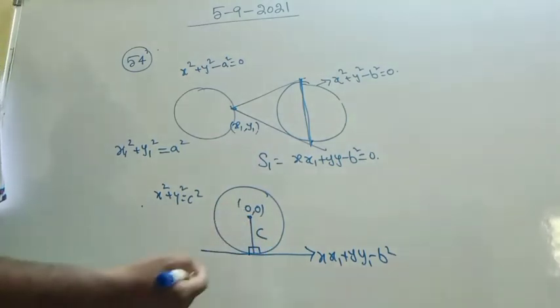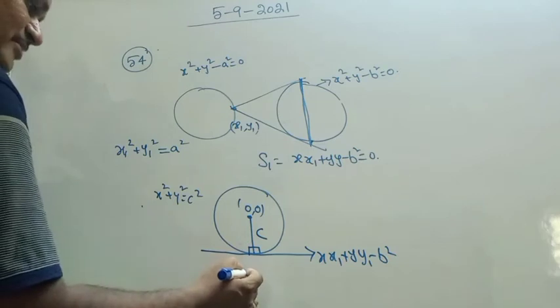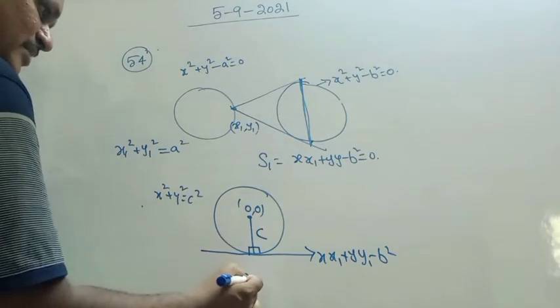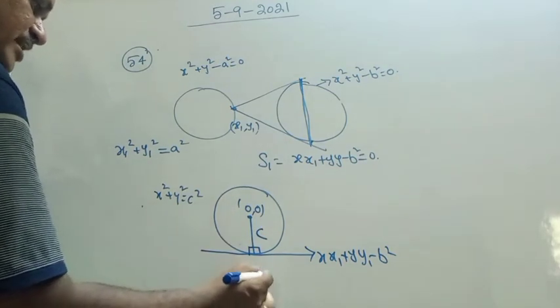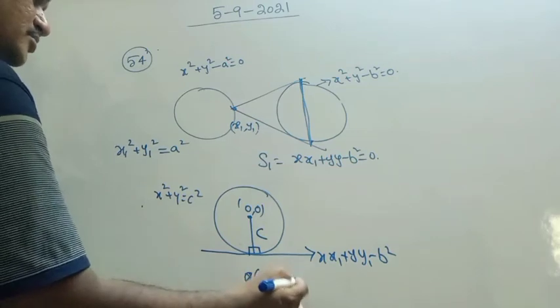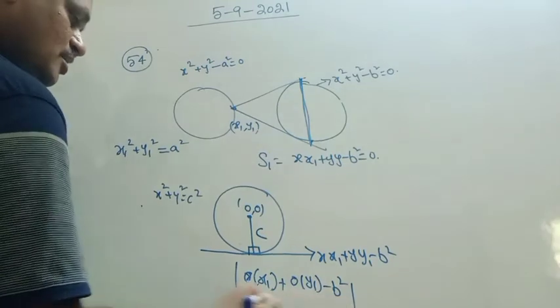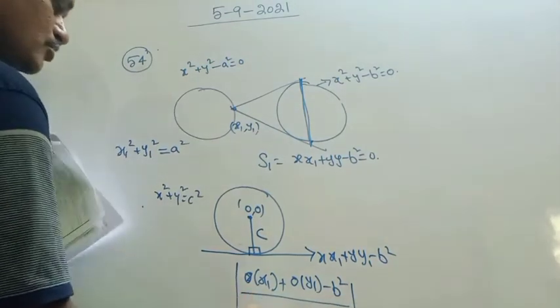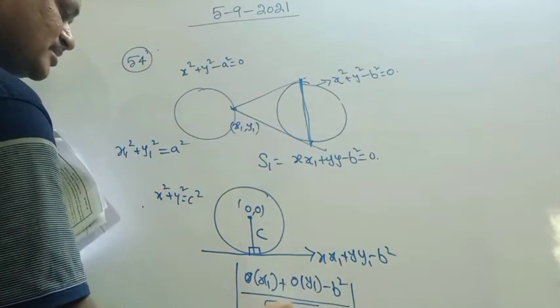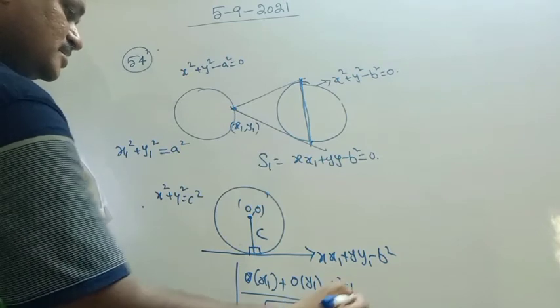If you draw the perpendicular distance, what we will have here is |0·x1 + 0·y1 - b²| divided by √(x1² + y1²), and this is equal to c.